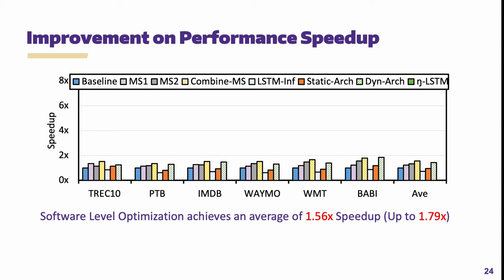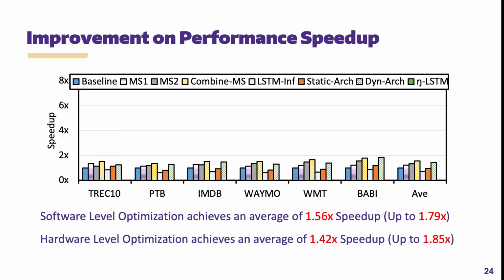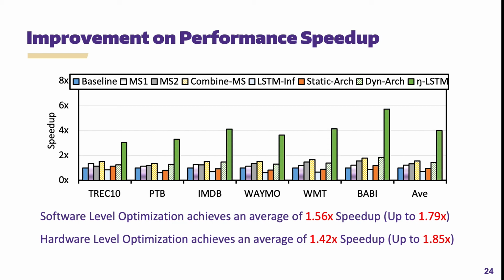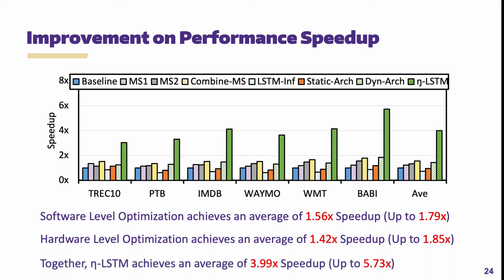Our hardware design achieves on average 1.42 times and up to 1.85 times speedup compared with the baseline GPU. Combined, we can achieve on average 3.99 times and up to 5.73 times speedup compared with the baseline case.